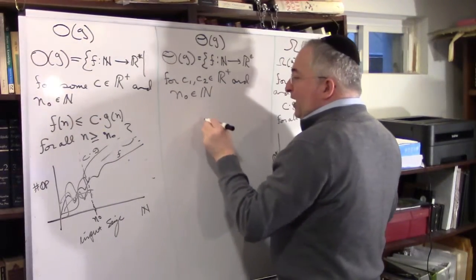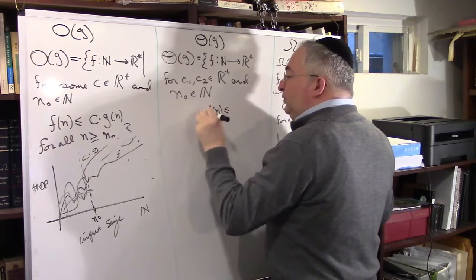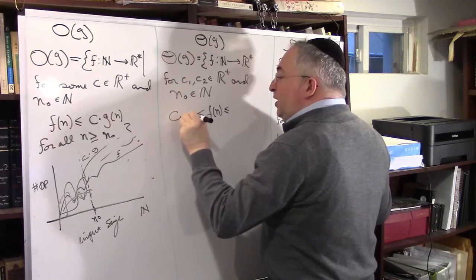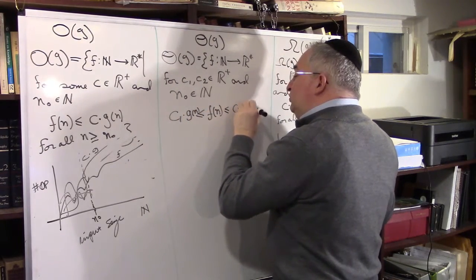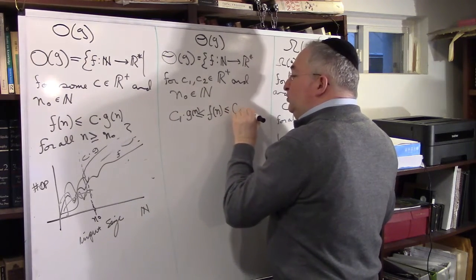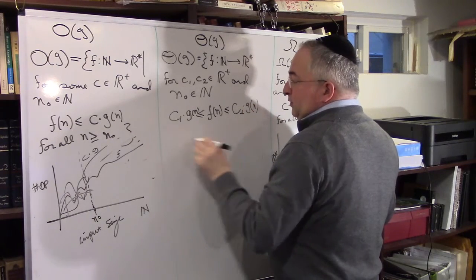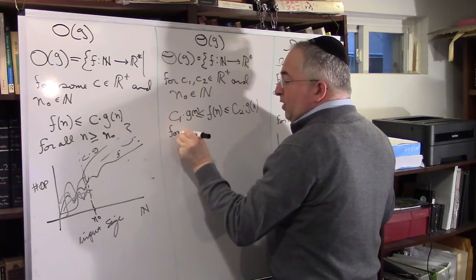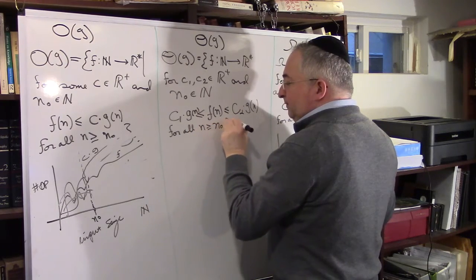Okay, and now we have the following. f of n is less than or equal to C1 times g of n, C2 times g of n, for all n greater than or equal to n0.